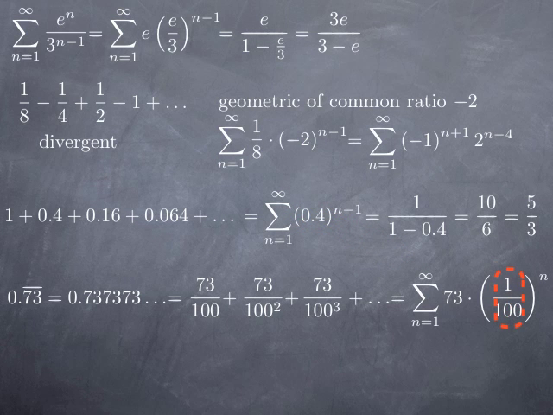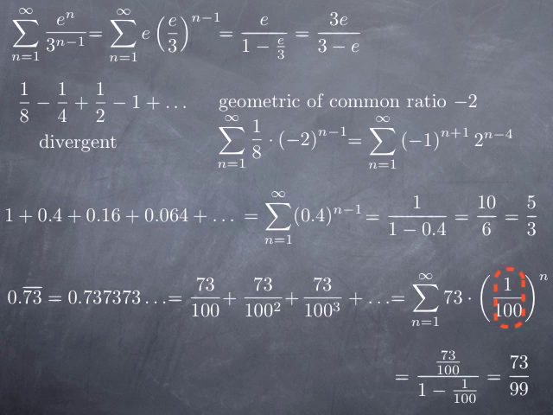Now if we go back to rewriting as the sum of a geometric series the decimal number 0.73, 73, 73, and so on, it is a geometric series of common ratio 1 over 100, which is less than 1 in absolute value.